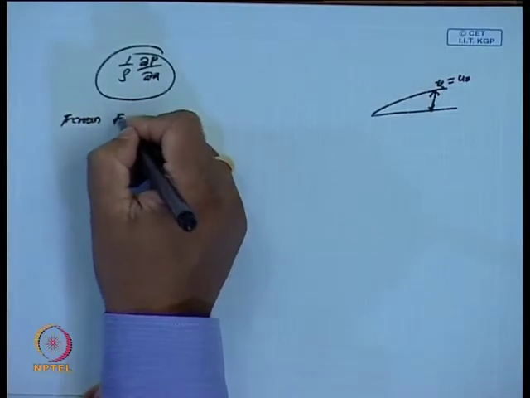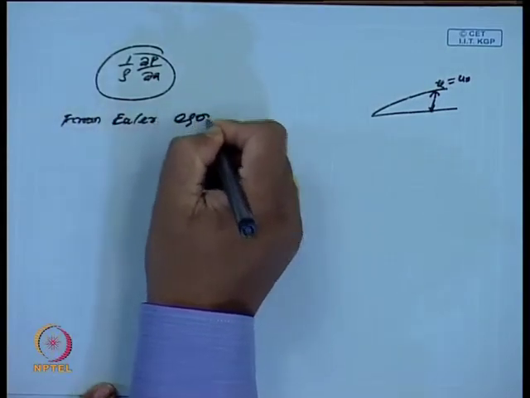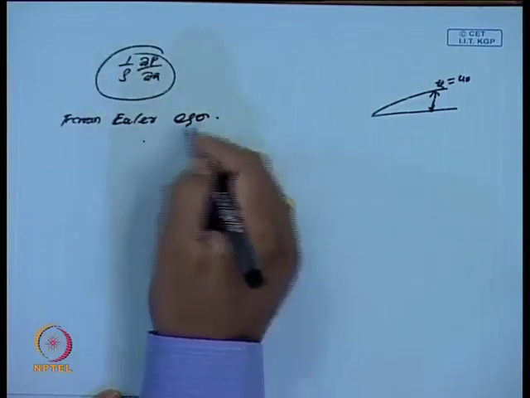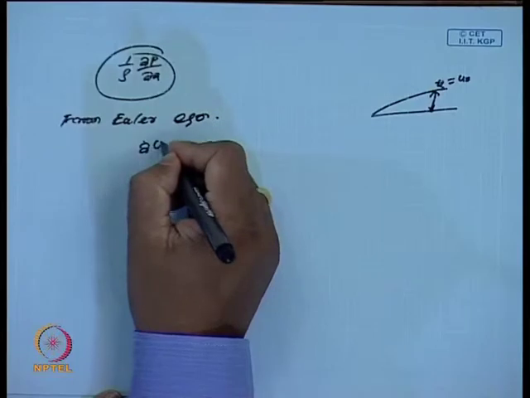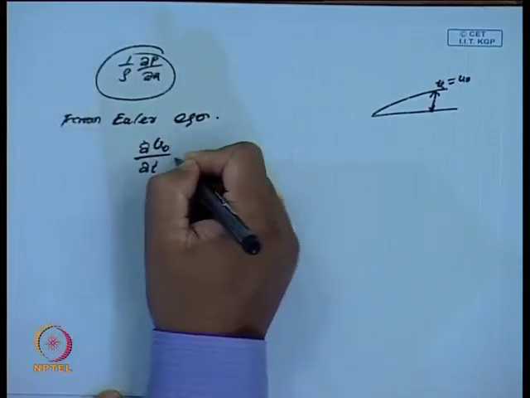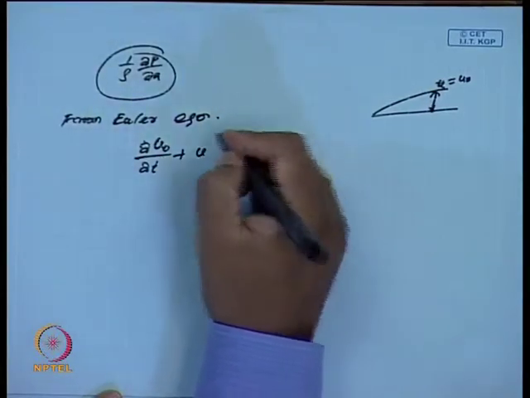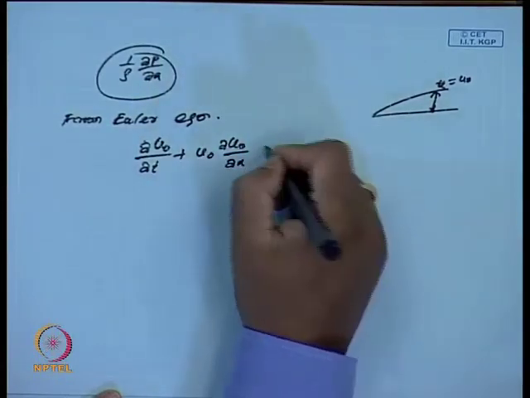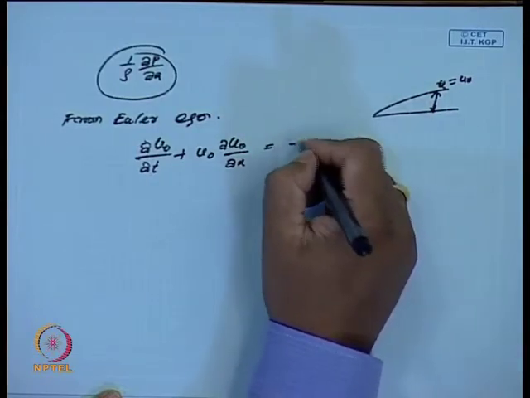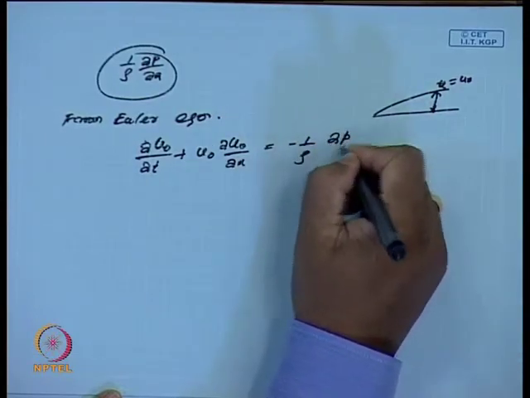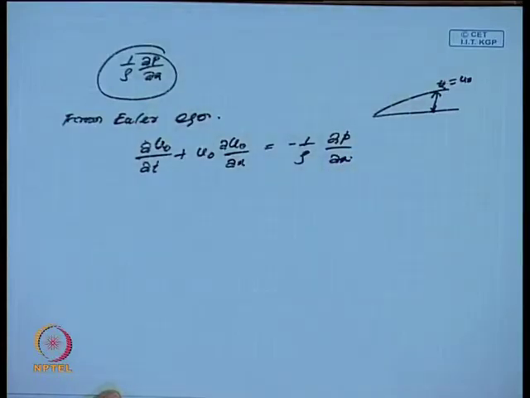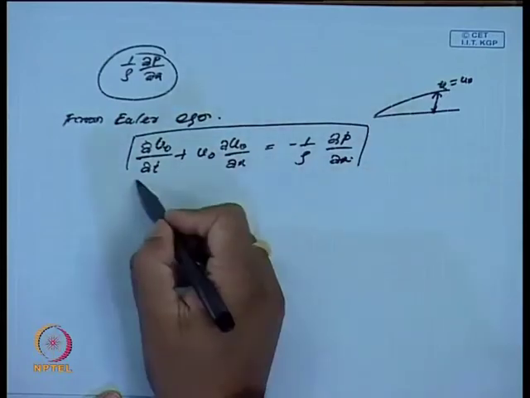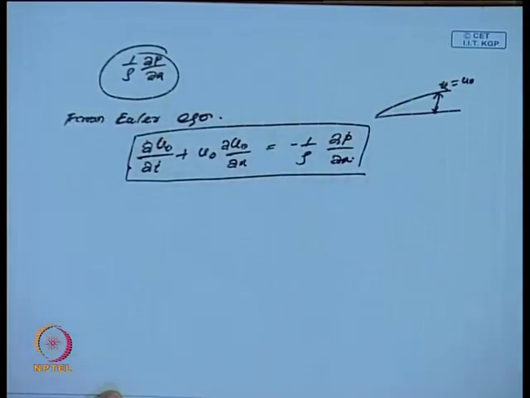So, from the Euler equation, we can get what 1 by rho del p by del x will be. From the Euler equation it will be del u naught by del t plus u naught del u naught by del x, that will give me minus 1 by rho del p by del x, and here the gravity term is included inside it. So, that is what my del p by del x will give.